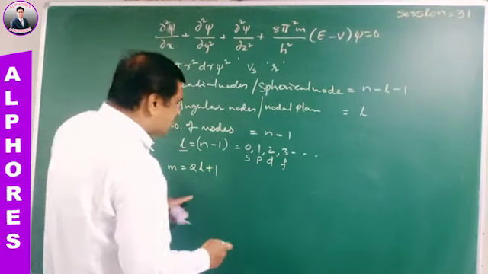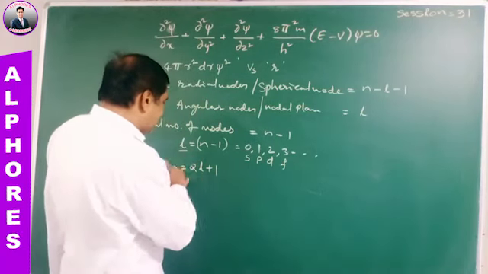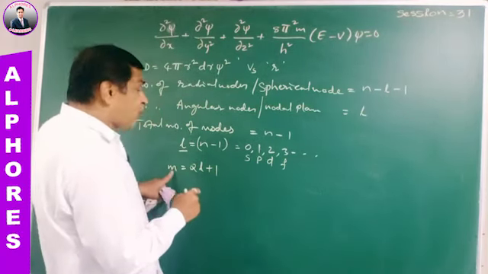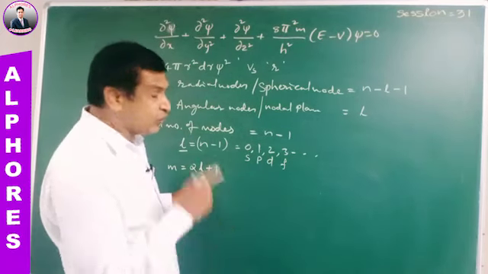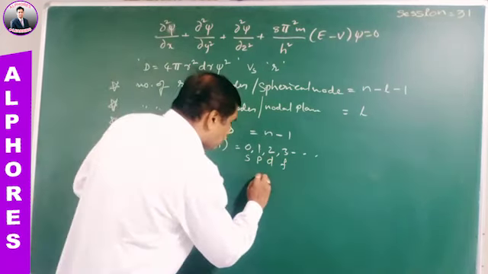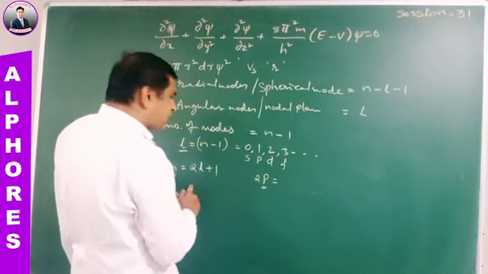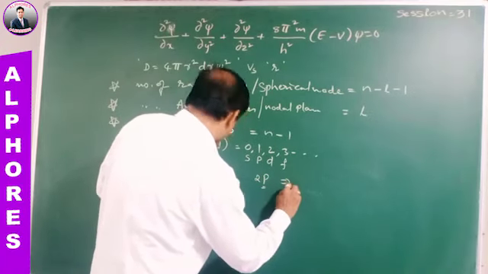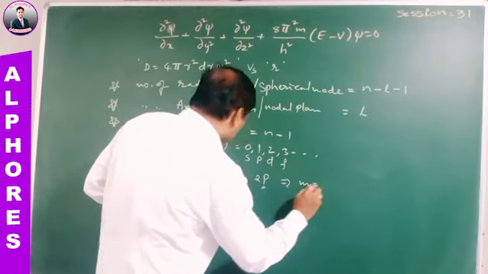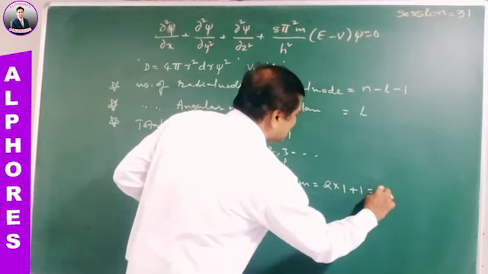For example, suppose there is an L value. What does it indicate? The number of orbitals in the subshell. For example, the 2p orbital. The number of orbitals, that is the M values for this 2p orbital: 2L plus 1, 2 into 1 plus 1, that is equal to 3.